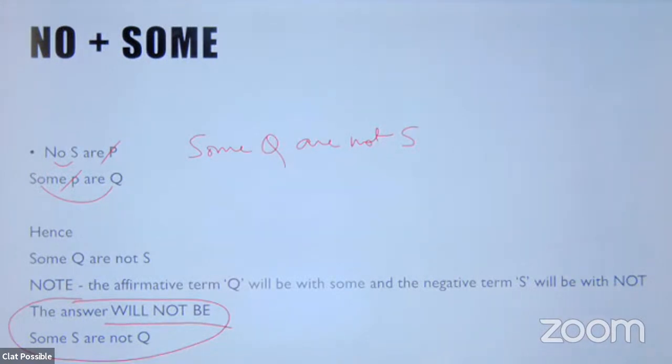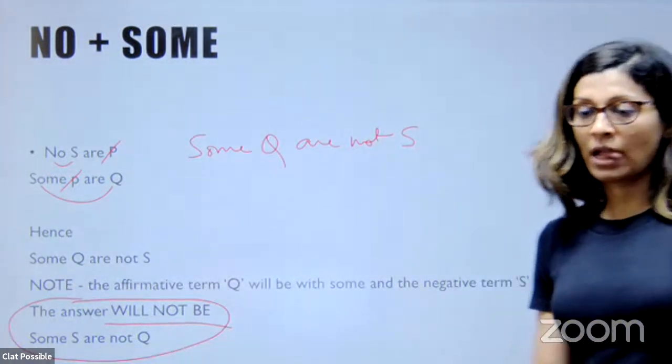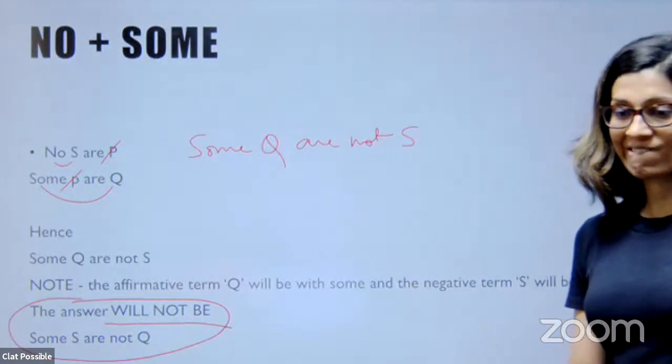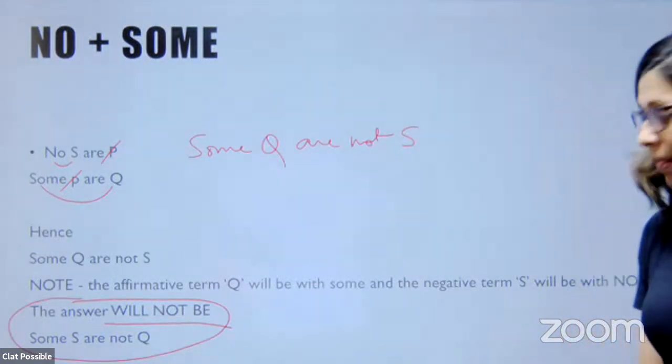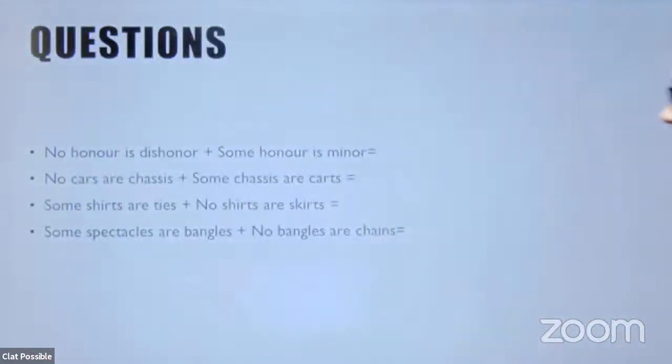So are you ready to do the questions? All you have to do is write down the correct positions of the variables. Write down the correct statement as the answer.